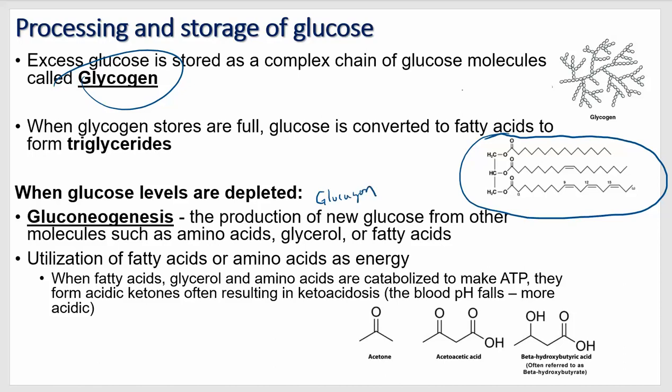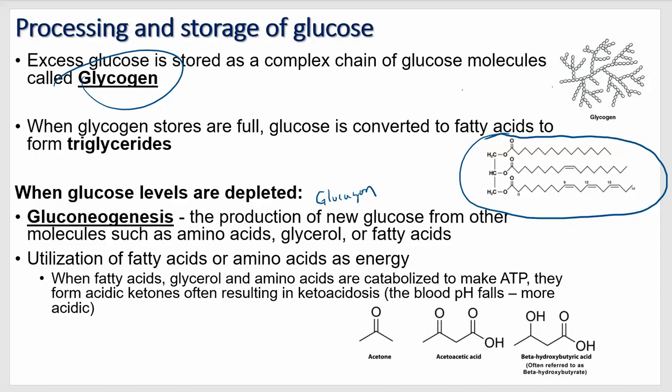Glucagon is going to produce more glucose, saying that we need more glucose. We've been throwing this term around, and right now we're just defining it. Gluconeogenesis is the production of new glucose from other molecules such as amino acids, glycerol, or fatty acids.